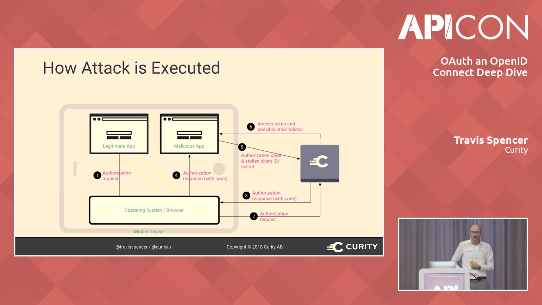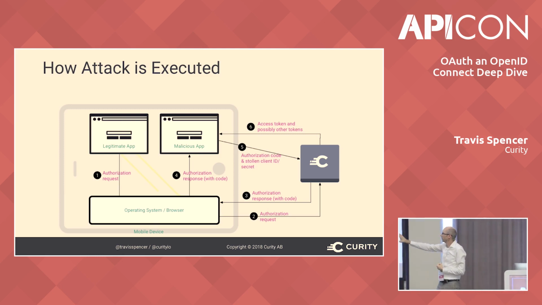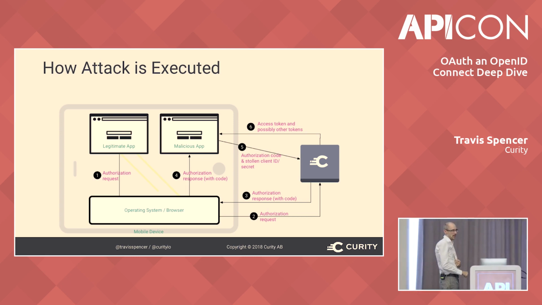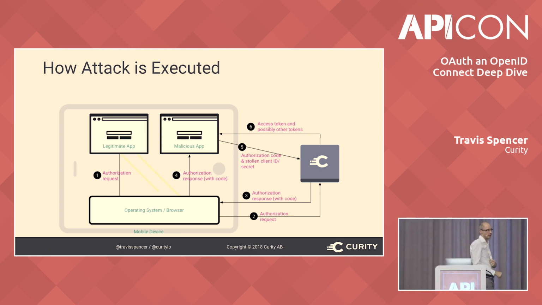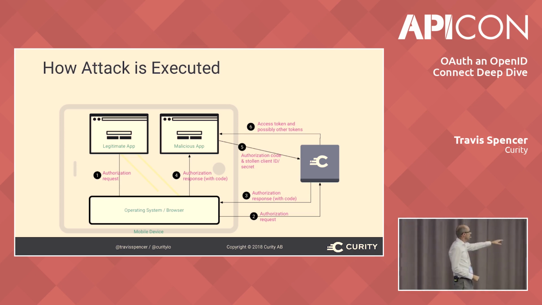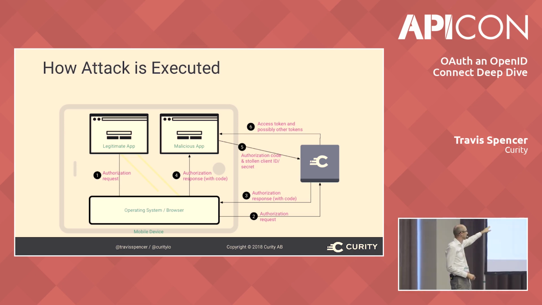The way the attack works is we have some sort of mobile operating system, and in step one, the authorization request is done in almost the exact same way as with the Python application. Then the user is redirected in step two to the OpenID Connect server. The OpenID Connect server responds back in step three, and oops, the authorization code is redirected to the malicious application.